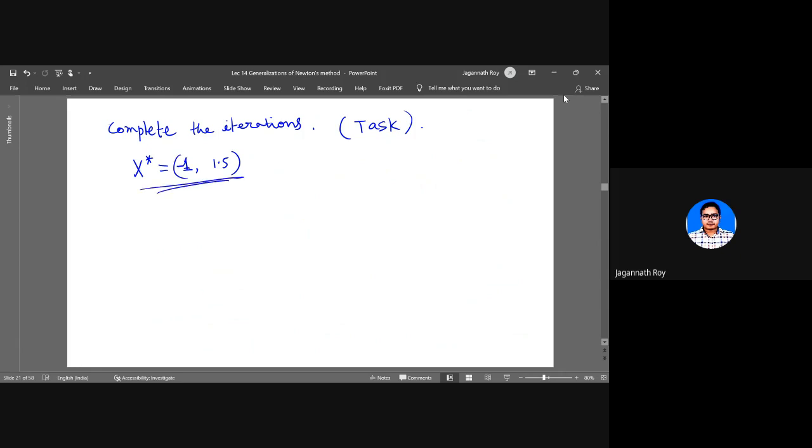For this purpose, our x_i will be very close to this point, this x star. If we find this, then we are actually done. We have done our task.